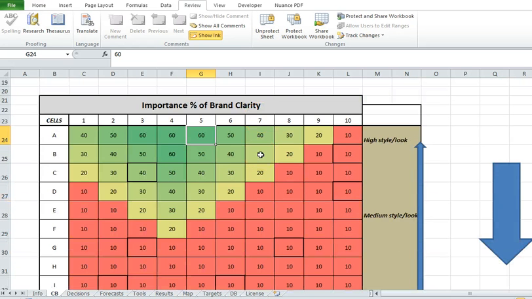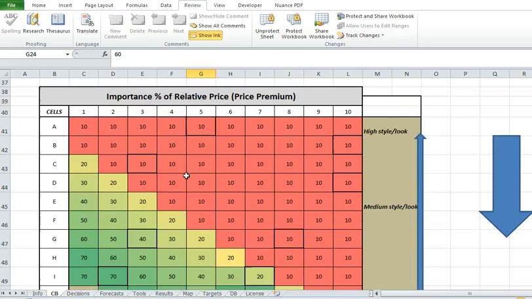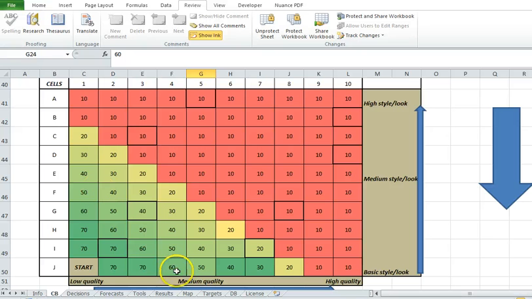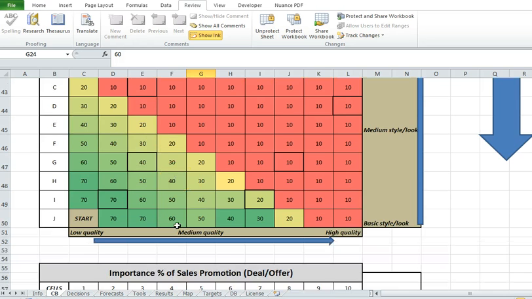When it comes to brand clarity, which is the relative closeness of your set of products, it's the consumers who are more interested in the fashion and the style and look of it rather than the quality aspects. Price is down here. People who aren't after a lot, they're just after a relatively budget product. So the lower the quality and the lower the style of the product, the more price is important.